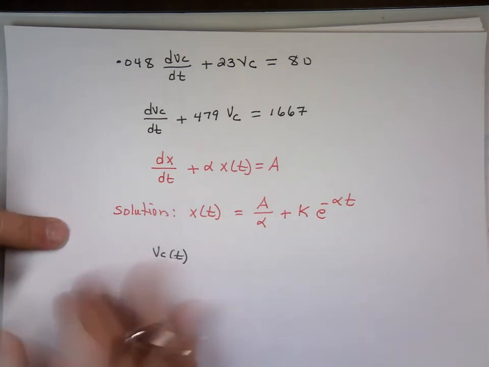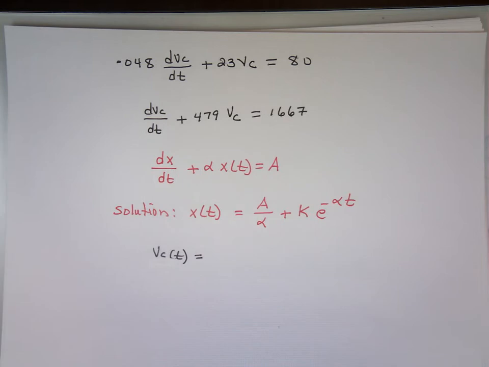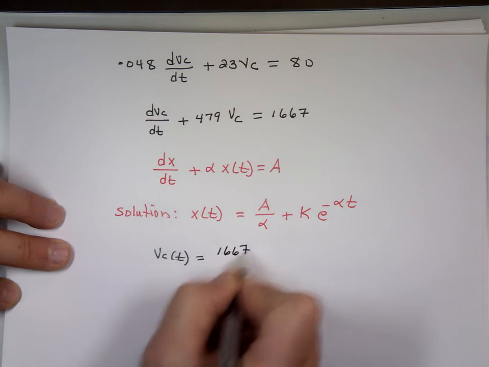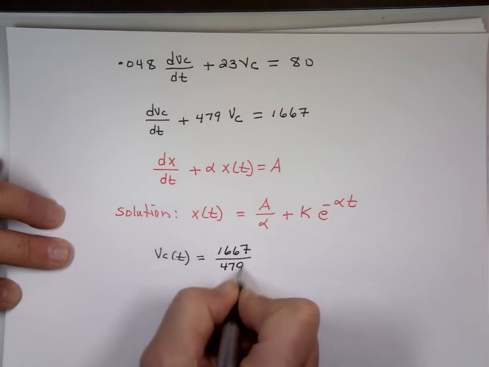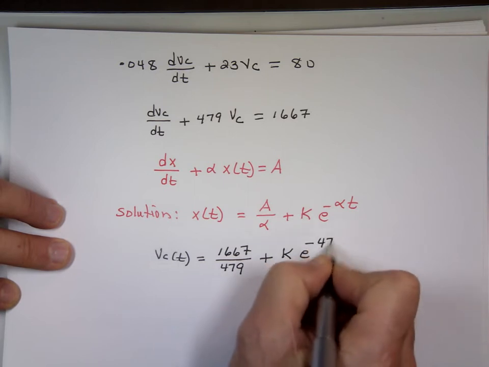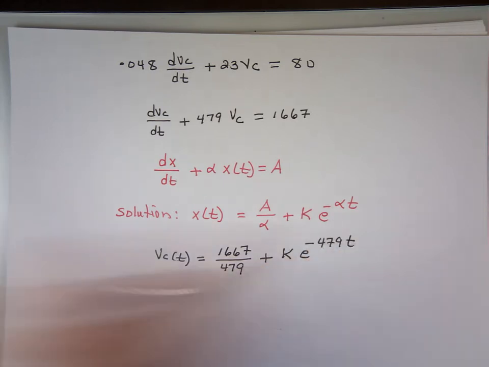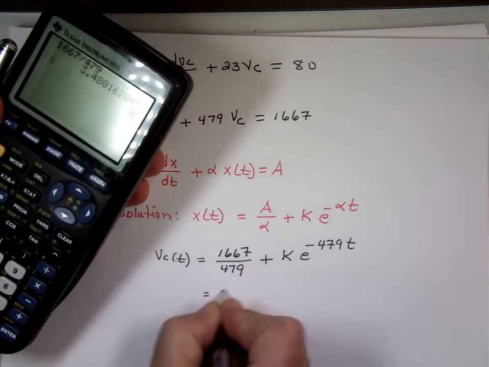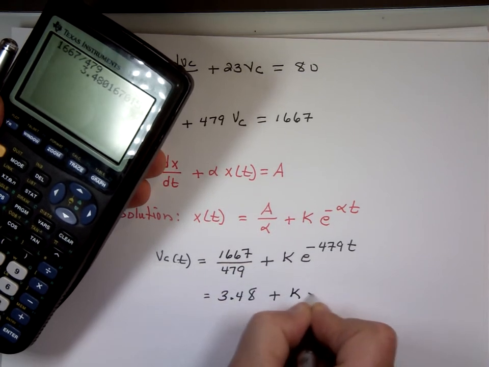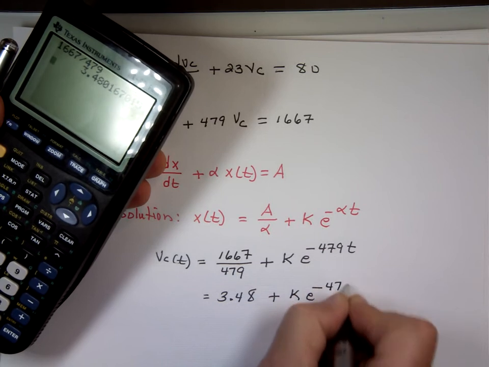Vc equals what? 1667 over 479, plus some constant e to the minus 479t. 1667 divided by 479, 3.48, plus some constant e to the negative 479t.